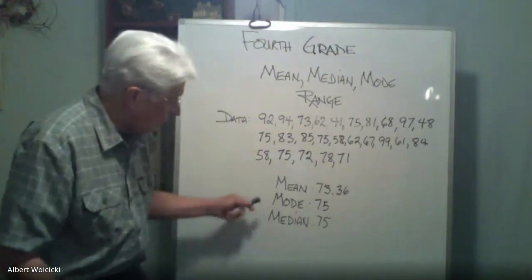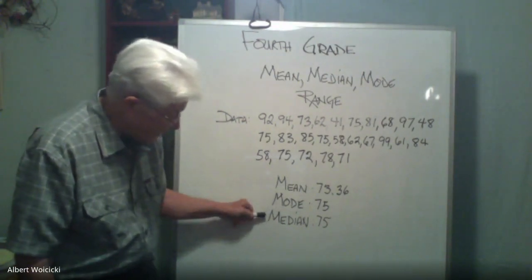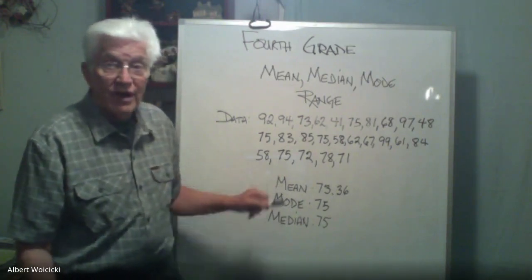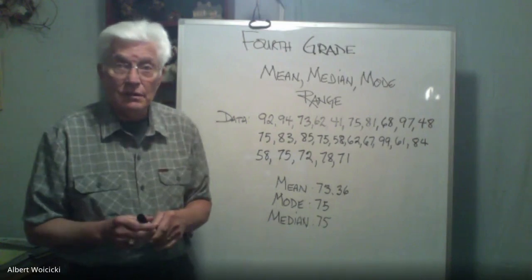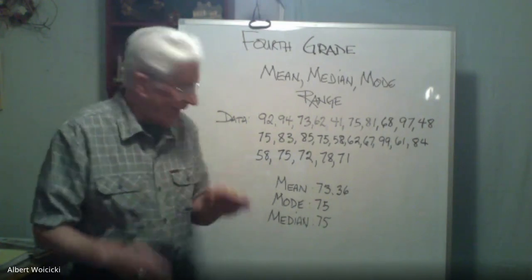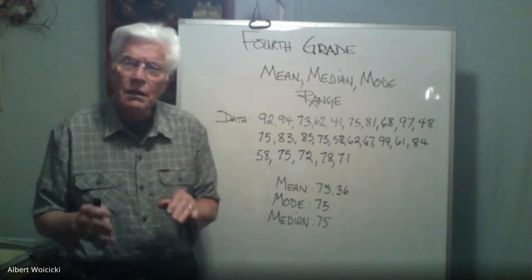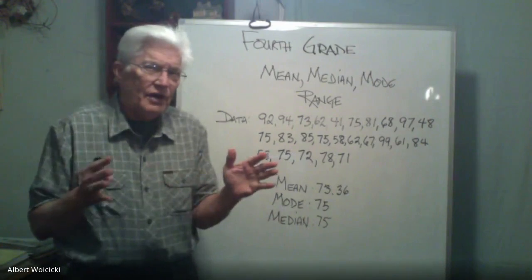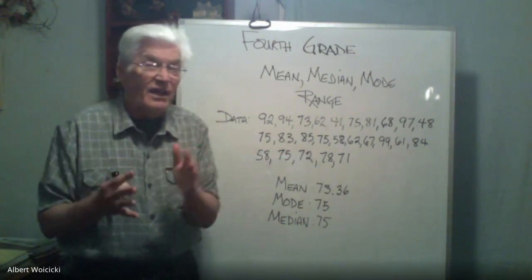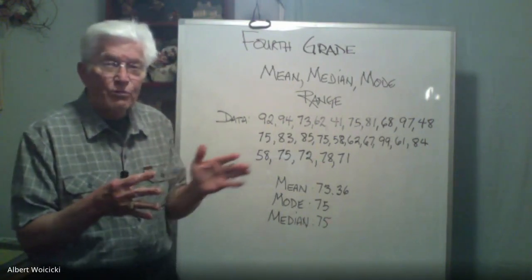For instance, what if the mode was 75 and the median was 75, but the mean was not 73.5, but was 67? There's quite a gap between the median and the mean. Maybe there's some things happening on the test. The guy in the middle and the average are spread out.